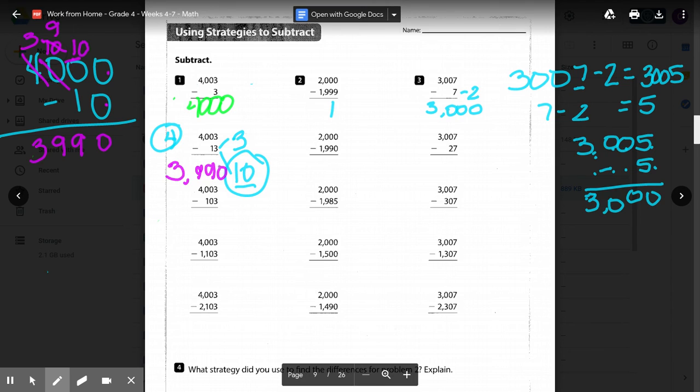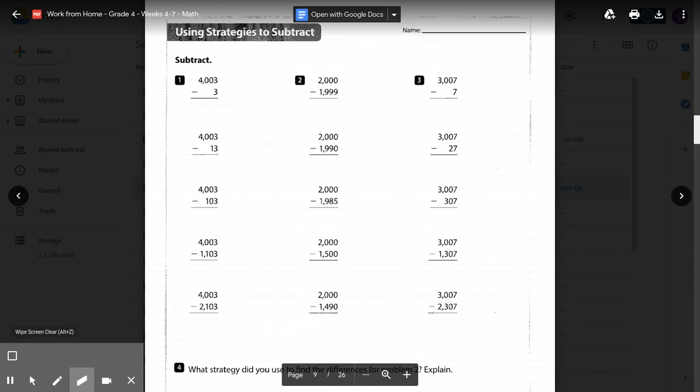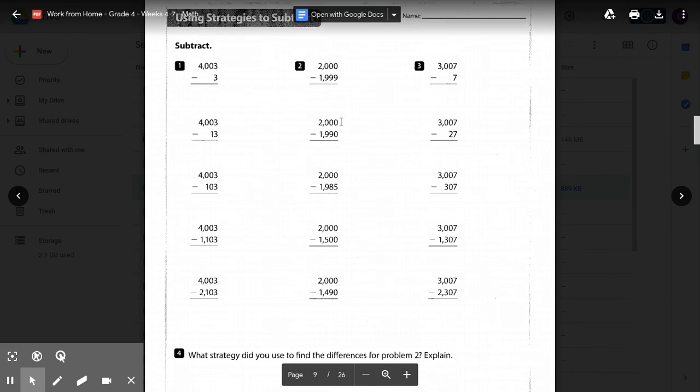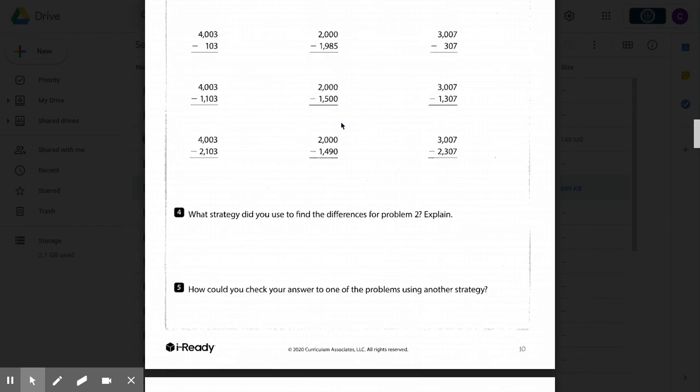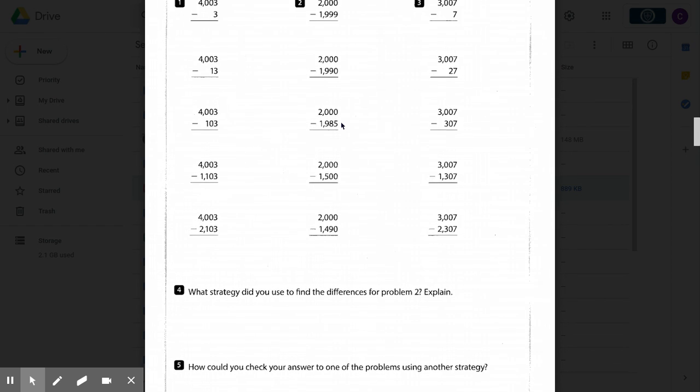All right, so for the next couple of problems, you're going to try one of those strategies and see which one works best for you. Some of you, like I said earlier, are going to say that the standard algorithm works best, and that's fine. Number 4 asks, what strategy did you use to find the differences for problem 2? And then explain.